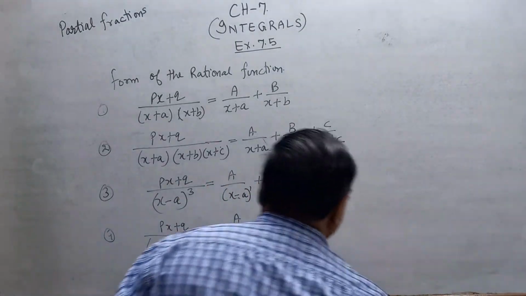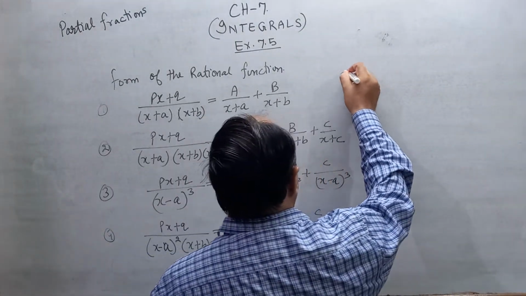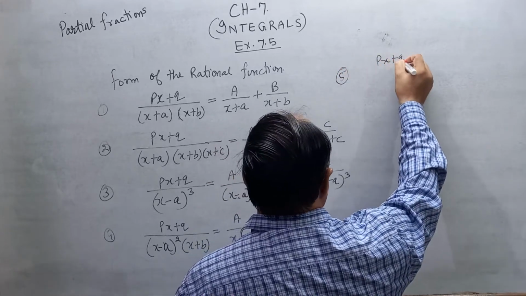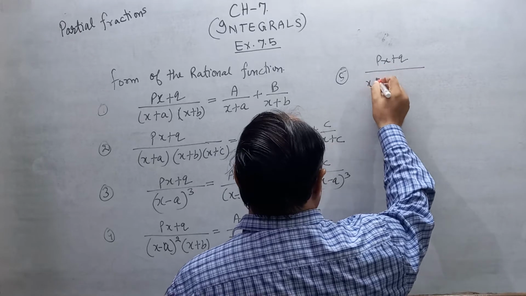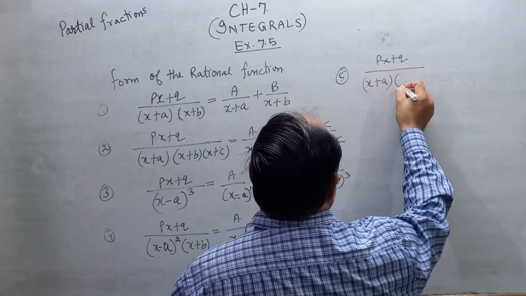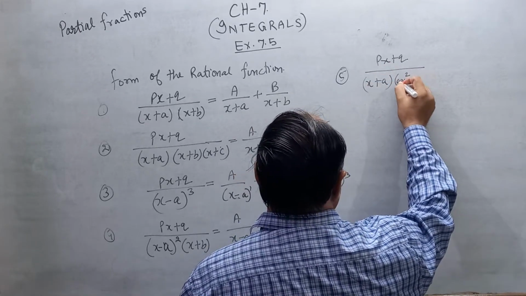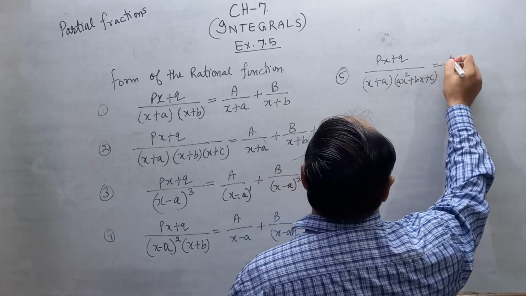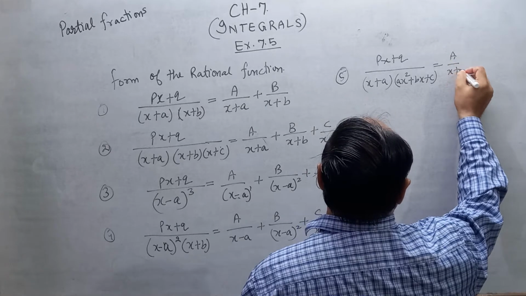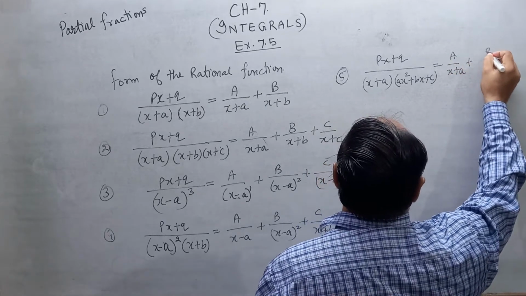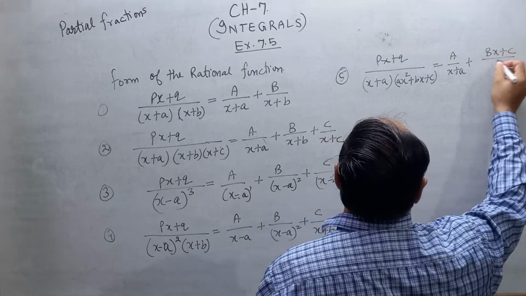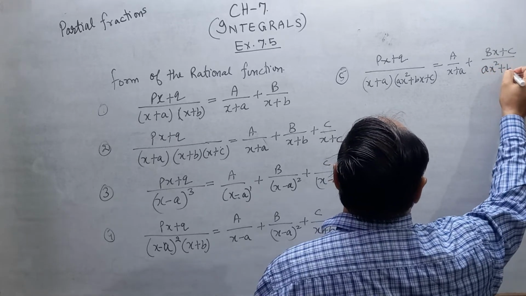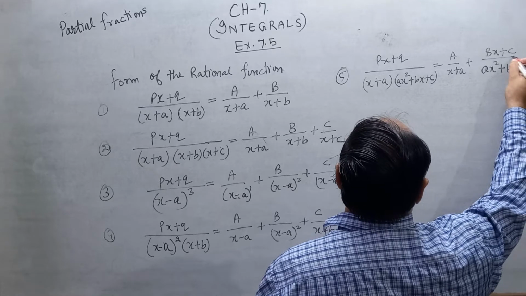And the fifth form is px plus q upon x plus a and ax square plus bx plus c, which is equal to a upon x plus a plus bx plus c upon ax square plus bx plus c.